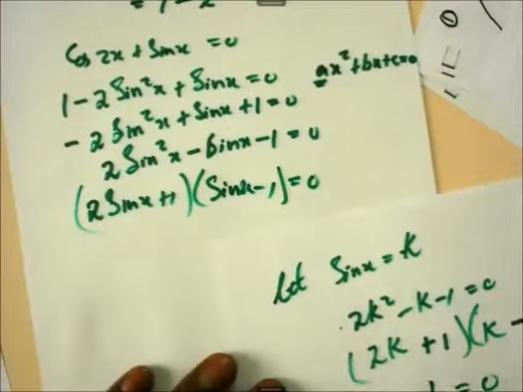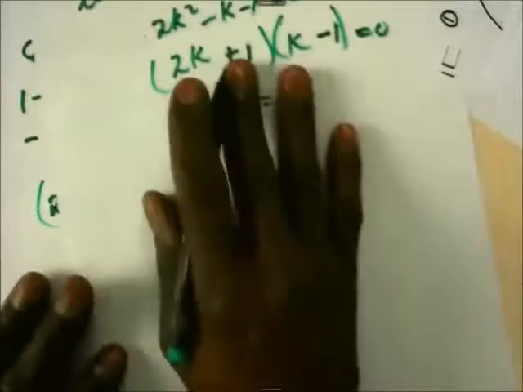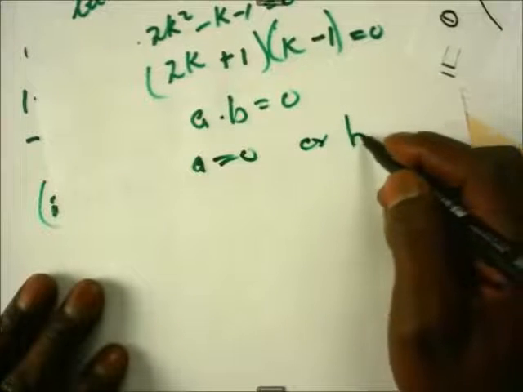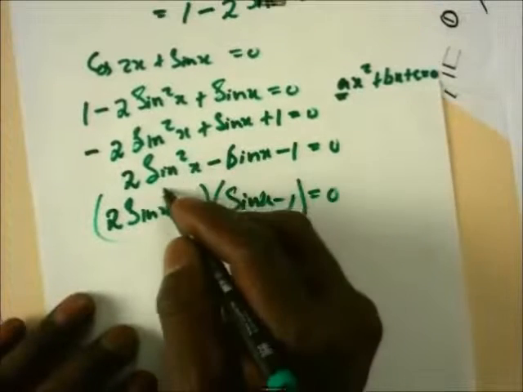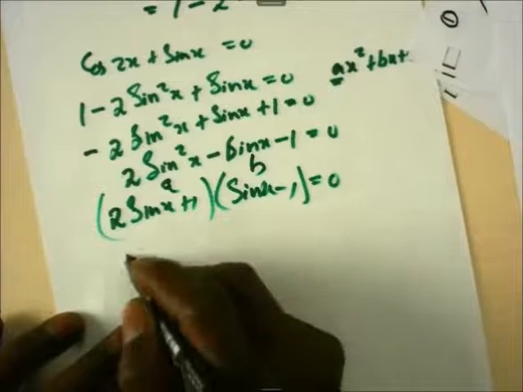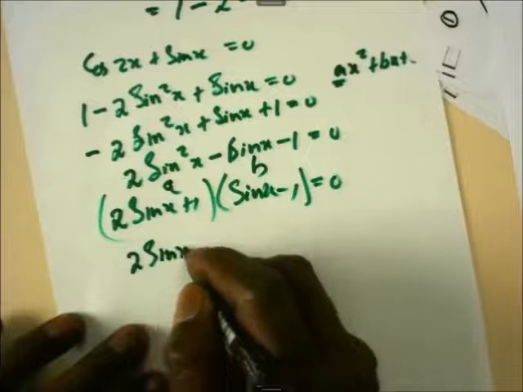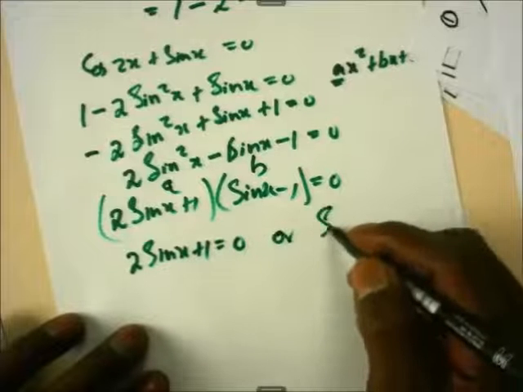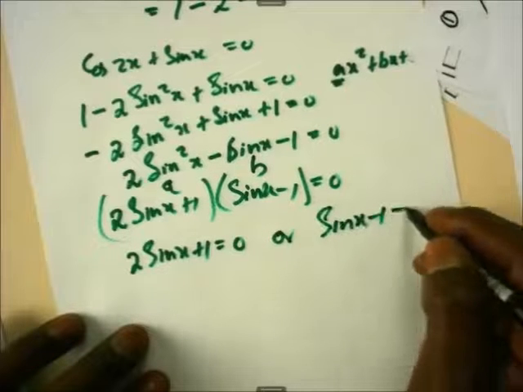Remember, in algebra, for a times b is equal to 0 to be true, either a is equal to 0 or b is equal to 0. So we use the same principle there. We take this one as a, this one as b, then we'll have 2 sine x plus 1 equal to 0, or sine x minus 1 equal to 0.